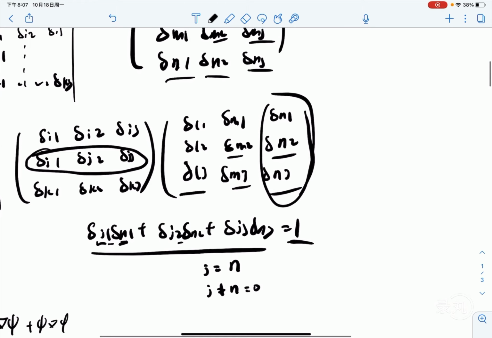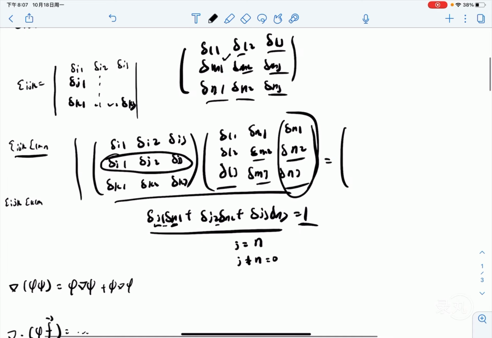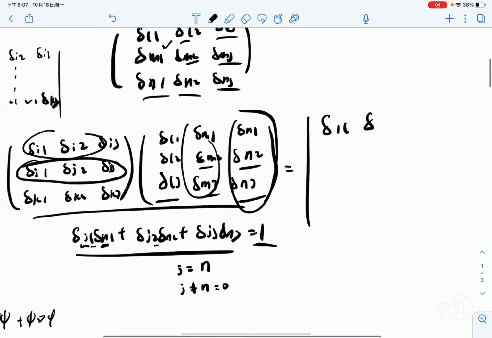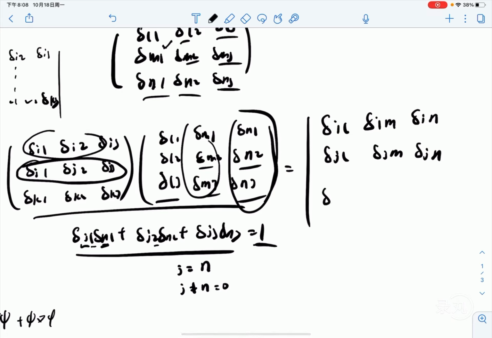So you can see that this form is equivalent to the determinant with rows IL, IM, IN, JL, JM, JN, KL, KM, KN.